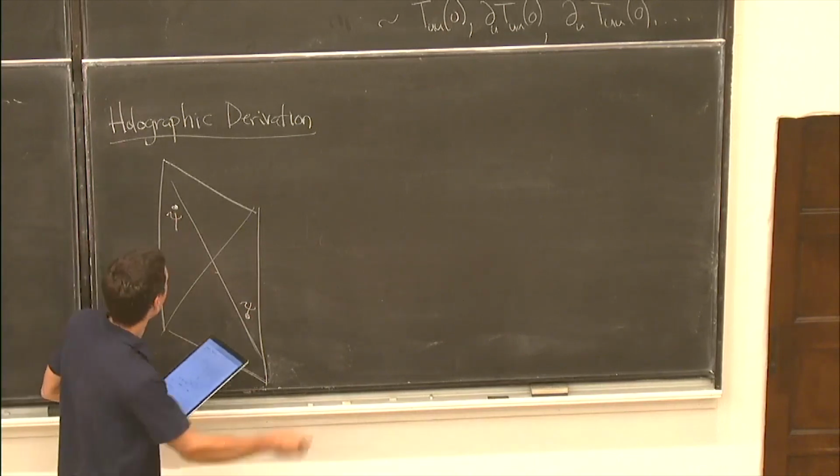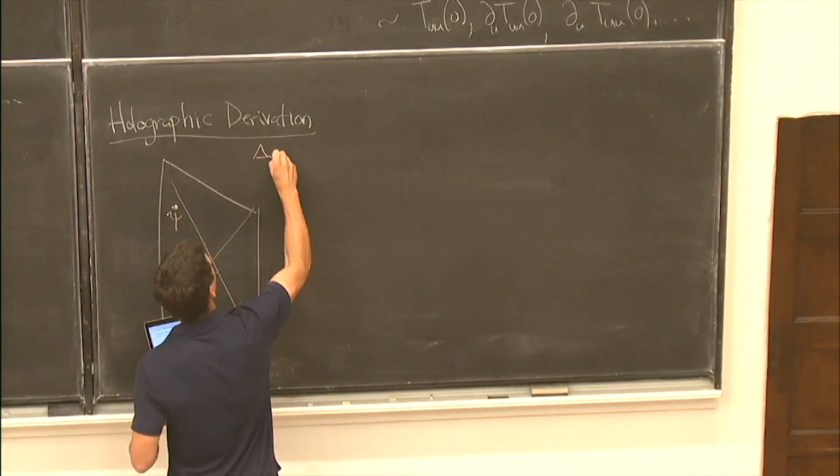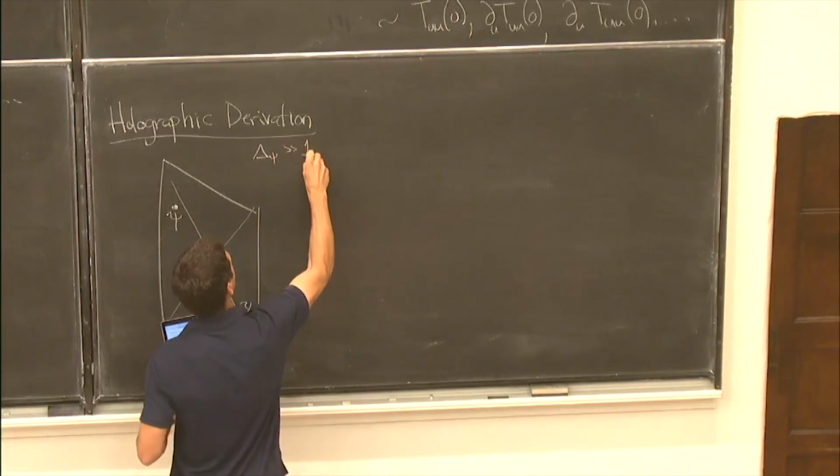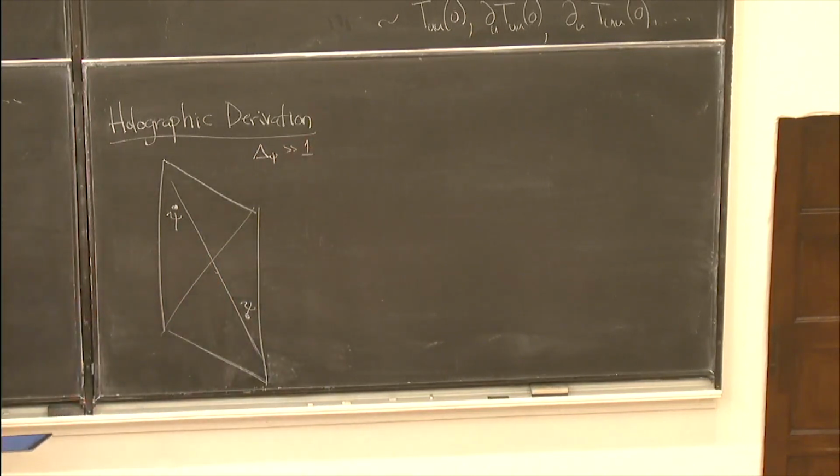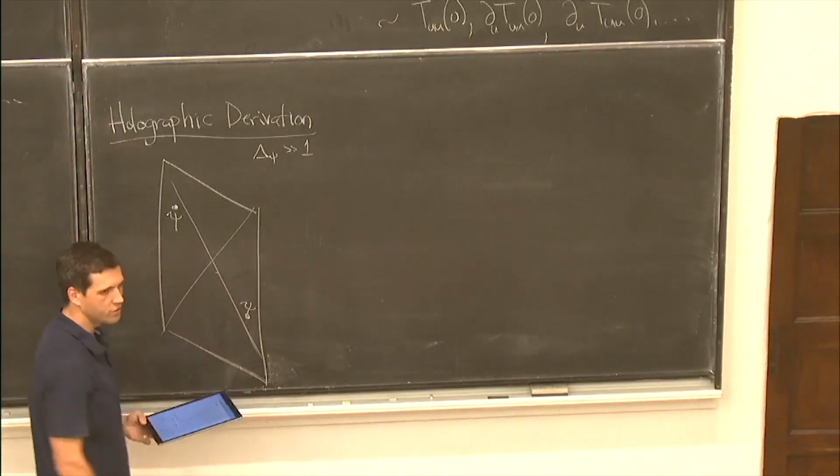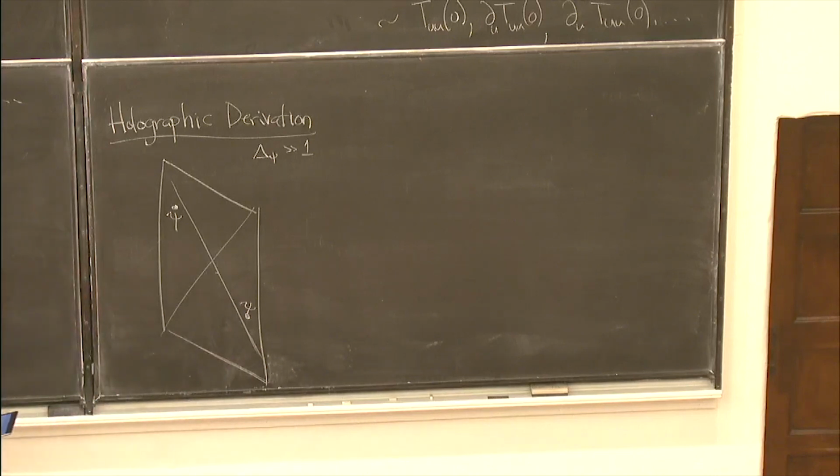And I'm going to assume that delta psi is large. So this is a very massive particle in AdS, not massive enough to back react and make black holes and stuff, but massive enough to travel on a geodesic, so that we can calculate correlators of psi using the WKB approximation.